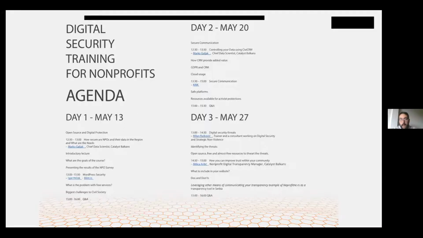Milica Antic, my colleague, and I will be speaking about how you control your data through something called a constituent relationship management tool. So how an organization can effectively manage their community's data and their constituents' data, and why it is important to have good practices and store everything securely.